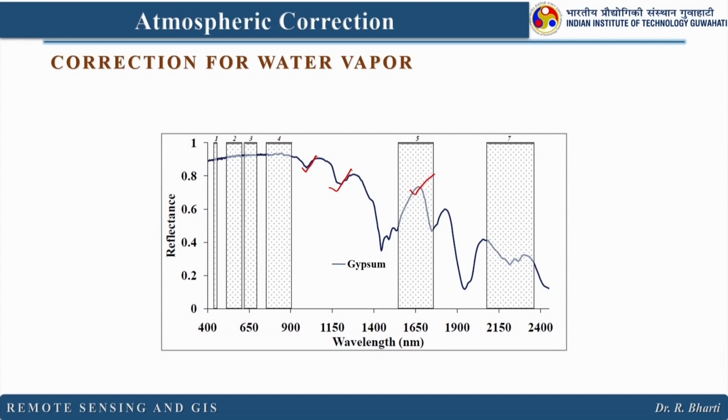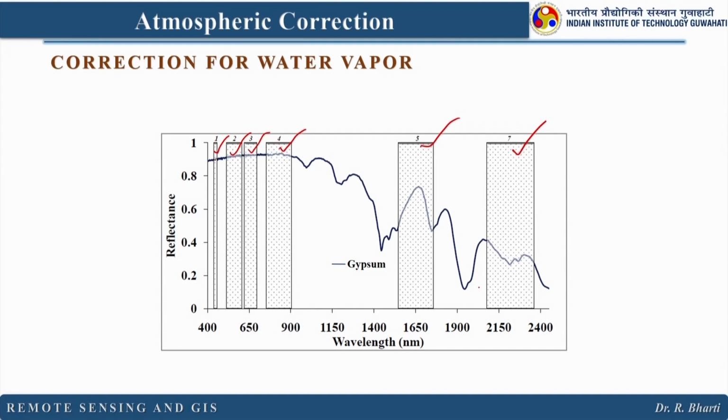So, it also depends whether your satellite is sensitive in that particular wavelength range where you are intended to identify some error or some information. So, for example, here this is in case of Landsat, you can find out that first band belongs to this particular area, second is this, third is this, fourth is this, fifth is this, seventh is this, right.